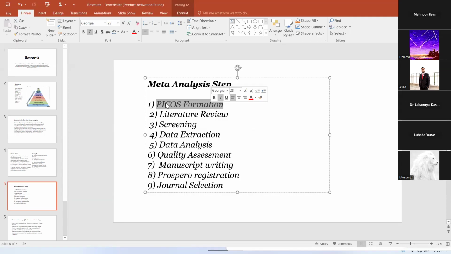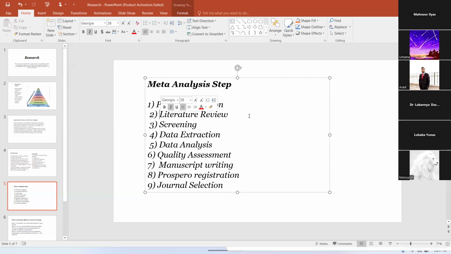You must know your patient population, intervention, control, and study design. The outcome is not important in the very first step, once you are deciding the topic. It will be important in the next steps.